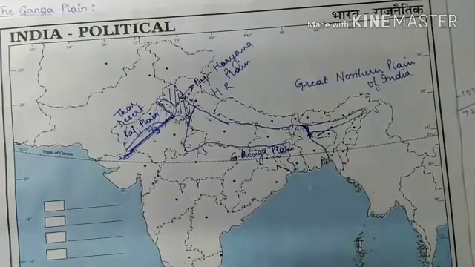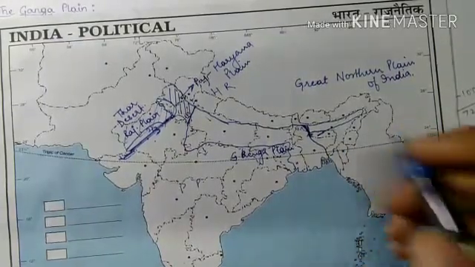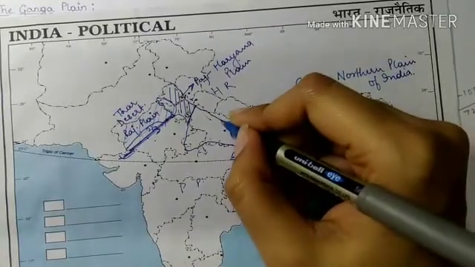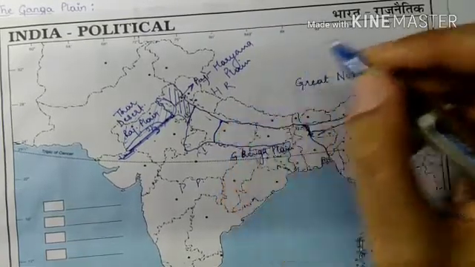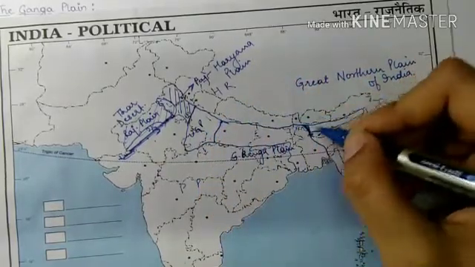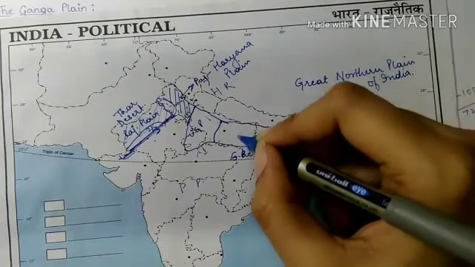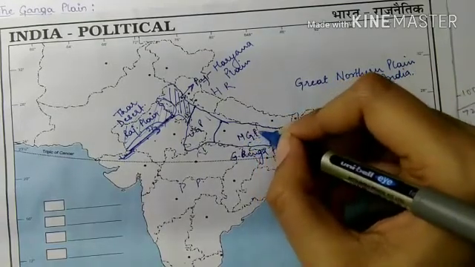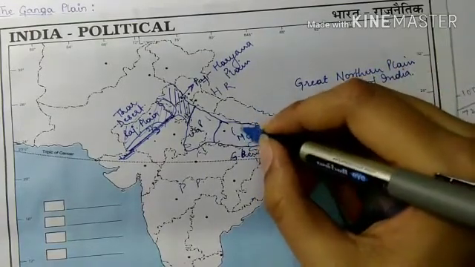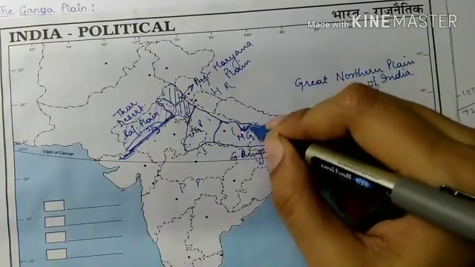This Ganga plain is divided into four basic regions. First one is Upper Ganga plain. Then we have Middle Ganga plain, which is the longest one. Here we have rigorous deposition, and here we have the very deep Nepal depression.